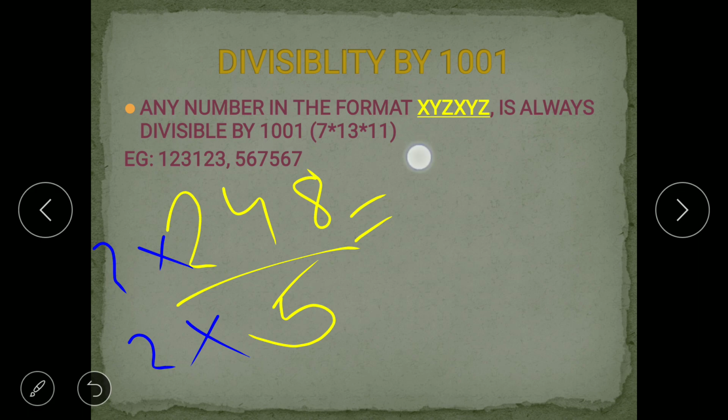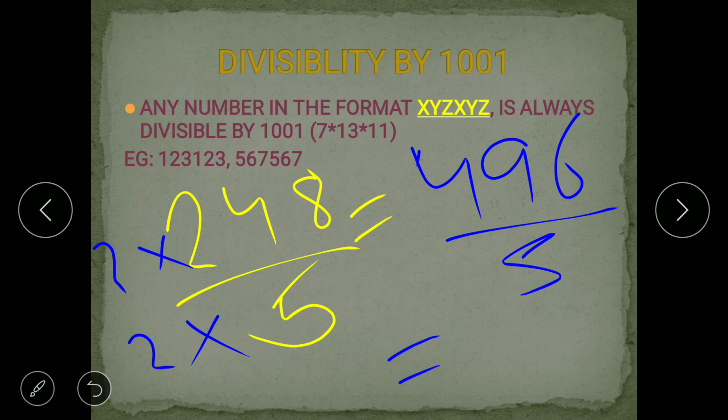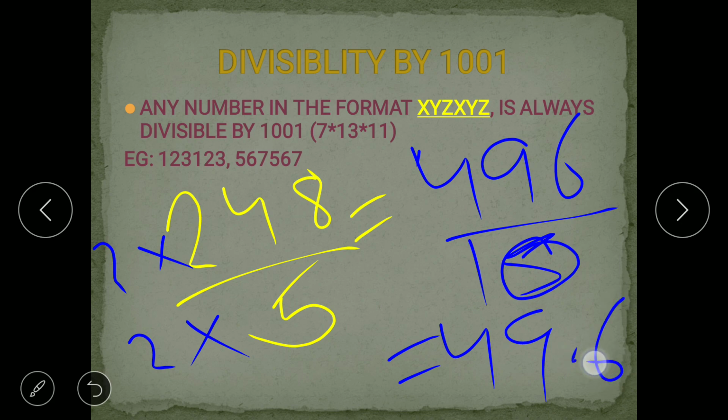You will get 496, and under it you will get 10. 496 by 10 will give you 49.6. Right, it's okay. Clear?